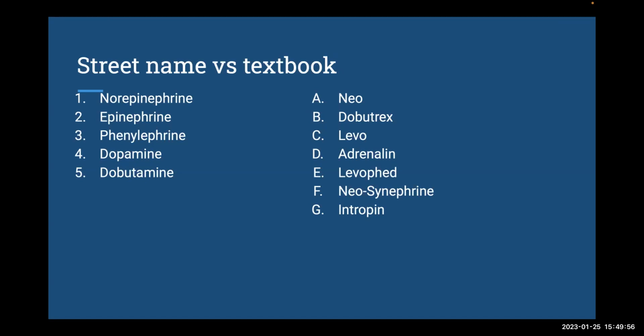Neos. Neo. Okay, anything else? So I have Neo for Neos and Adrenaline for one, and then dopamine. B. Oh wait, yeah, B. Okay, and then dobutamine.